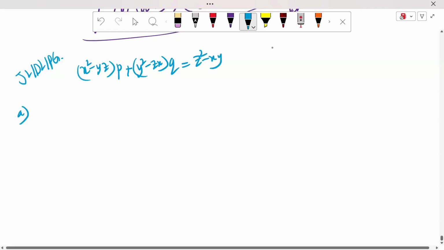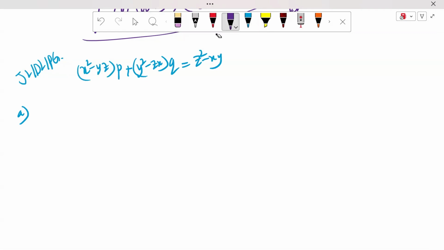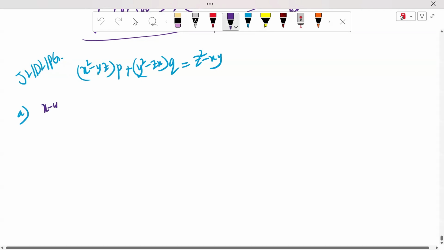For example, option A is very simple. Option A is nothing but (x minus y) by (y minus z) is equal to phi of (y minus z) by (z minus x), sir.